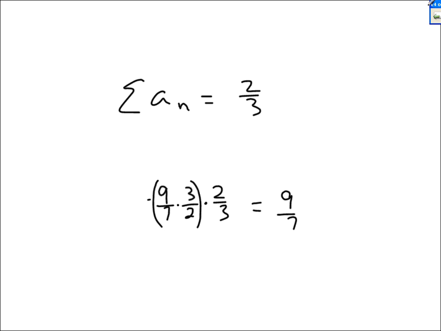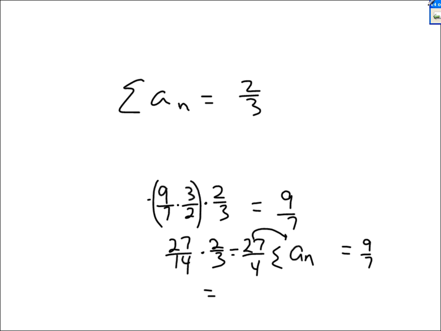Altogether, this happens to be 27 over 14. If you multiply 27 over 14 by 2/3, you get 9/7. But I just have a very strange way of writing 2/3. It's the summation of a sub n.